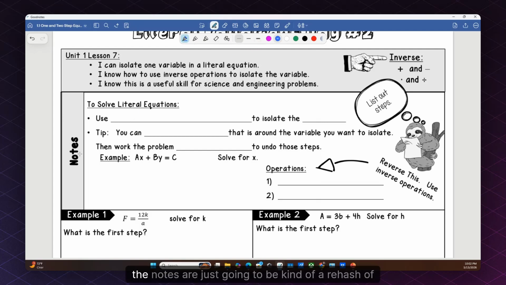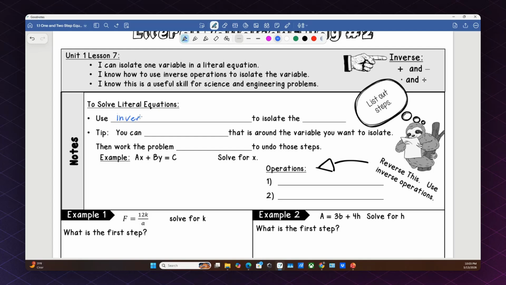The notes are just going to be kind of a rehash of what we talked about last class. To solve literal equations, we're going to use inverse operations to isolate the variable. Remember, they're like Twinkies.